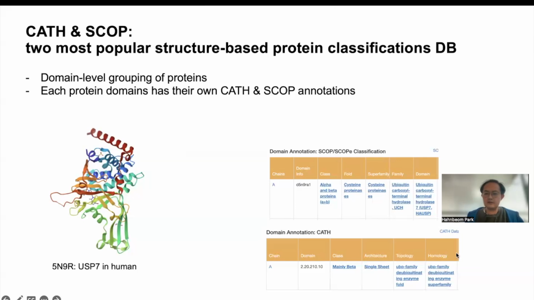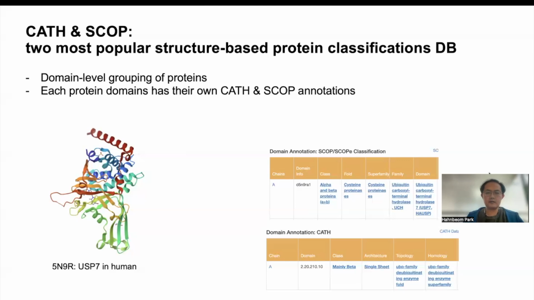So they have different classification logic and definitions. These two definitions are used as a mixture, and the main reason is that structure-based classification is quite subjective, so it's better to have both definitions so they can complement each other.